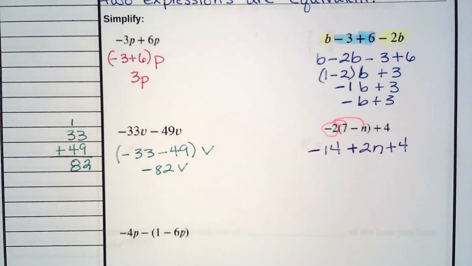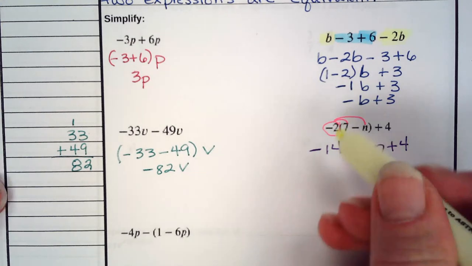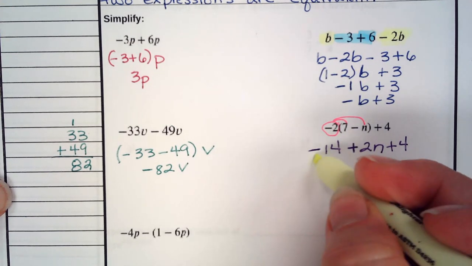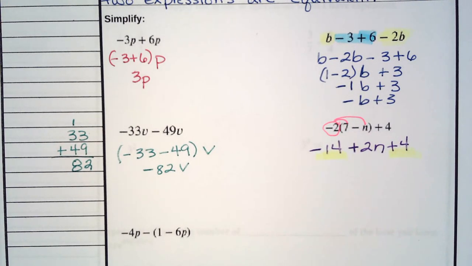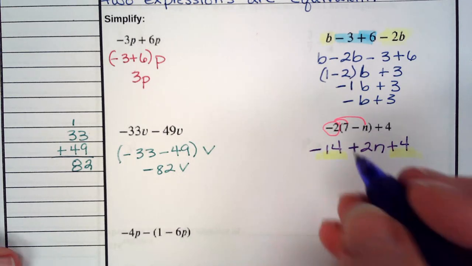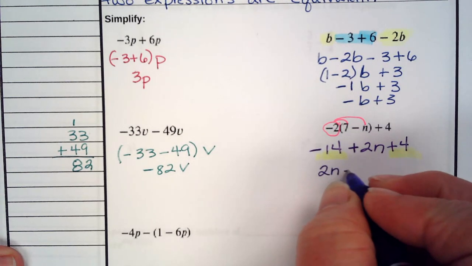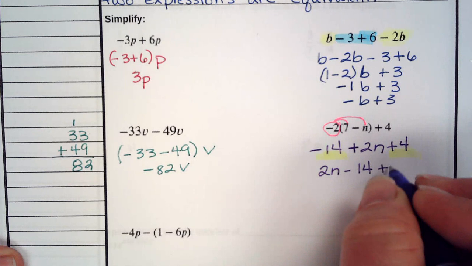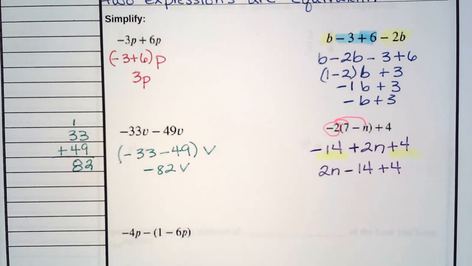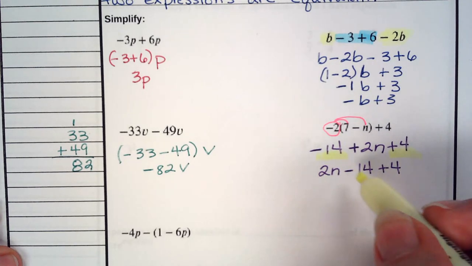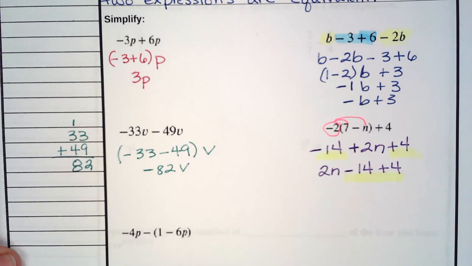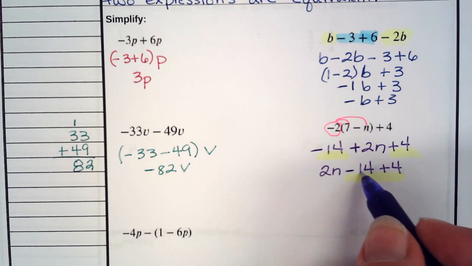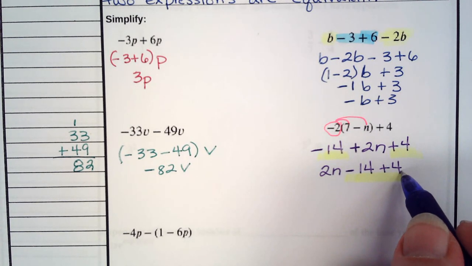Okay, I'm going to rearrange. I am going to get my numbers together. I'm putting it in what we call normal form. 2n minus 14 plus 4. Combine your numbers. They are opposite signs, so I subtract. 14 minus 4 is 10.